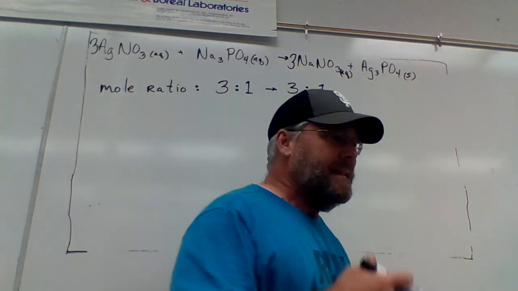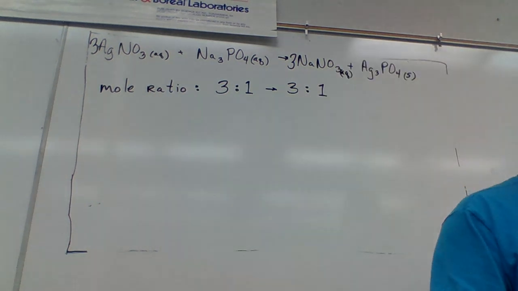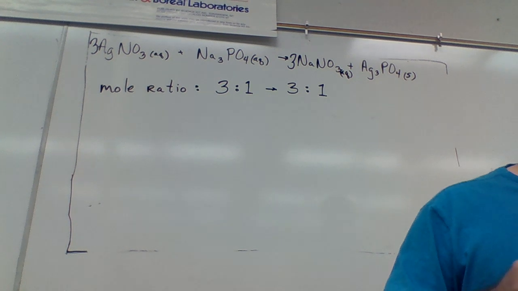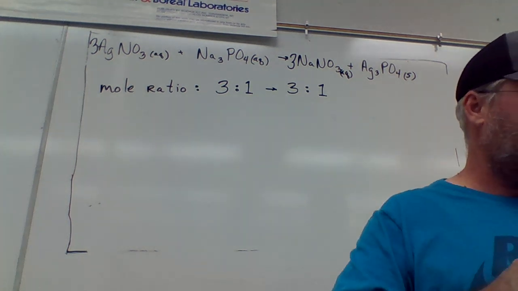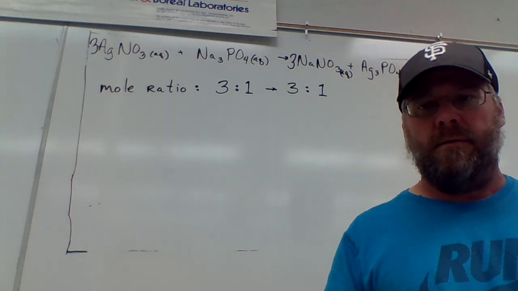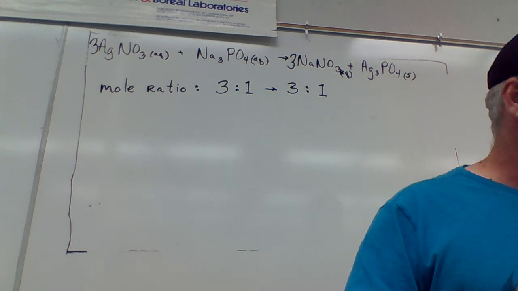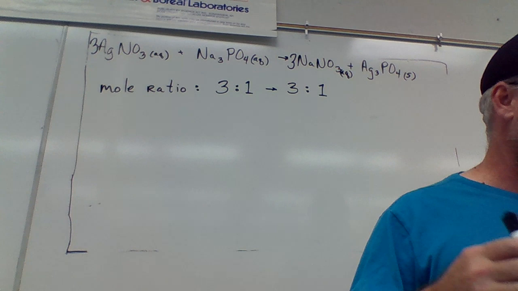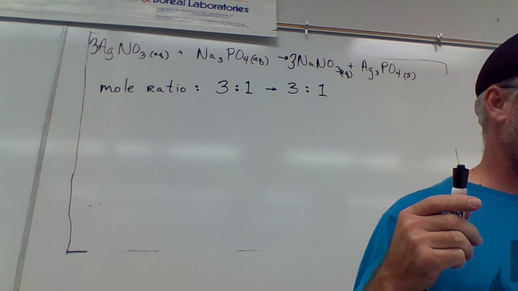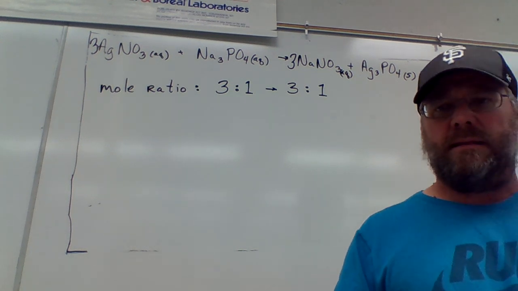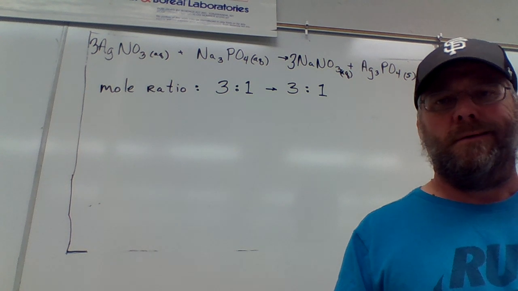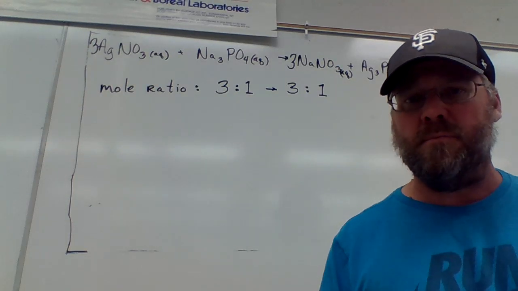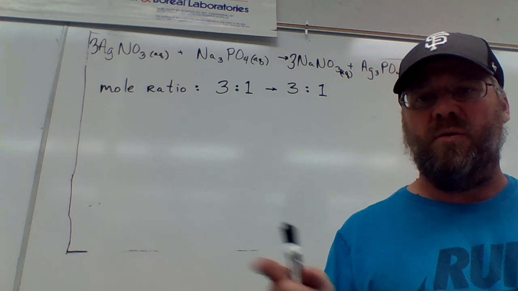Now, the next question on the check-in is, which combination of reactants results in the maximum amount of product? Can I take A, 1 gram of silver nitrate and 1 gram of sodium phosphate and make that work? The answer there is no way. A, it's in grams. B, it's a 1-to-1 ratio.